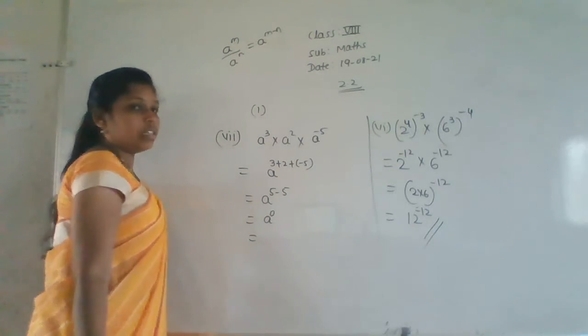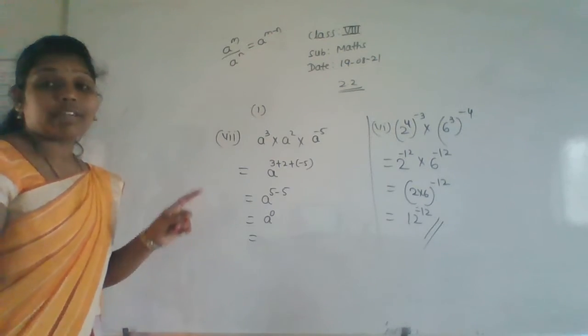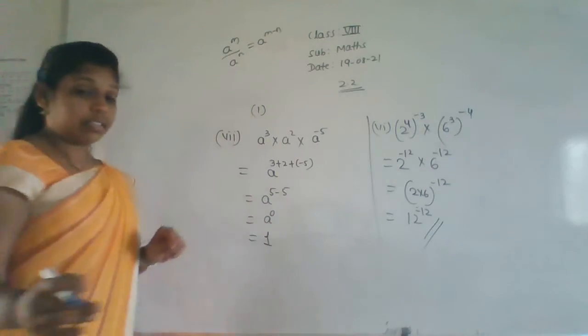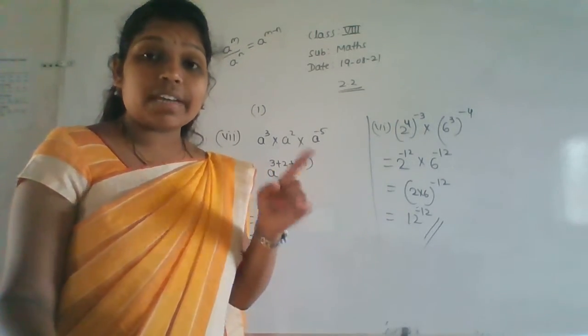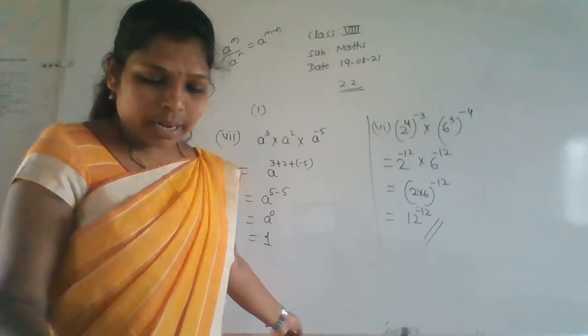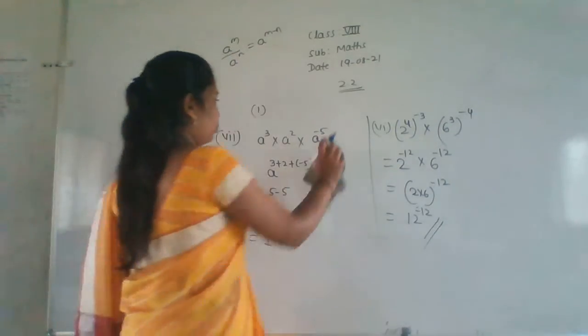What is the answer of a to the power 0? If the power is 0, the value is always 1, whatever may be the base. Base may be 2, 3, 10, whatever. If the power is 0, that value is always 1. Okay, so next we'll go for the 8th one.